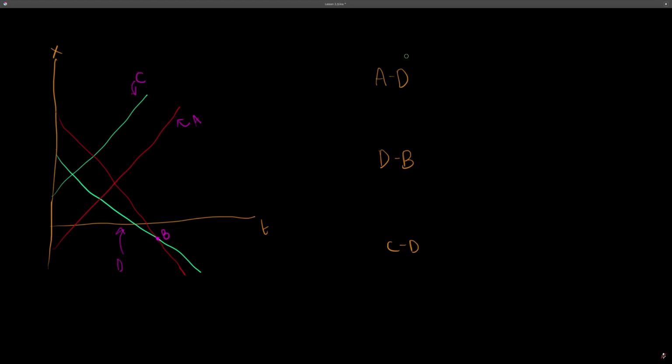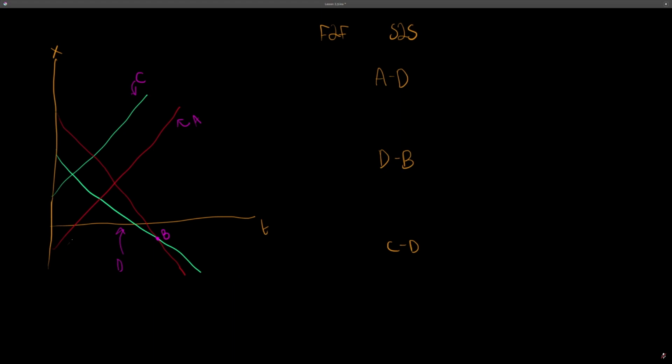We want to find A to D. What is it doing? Is it meeting face to face, or is it side to side? So, side to side in the same direction. So, let's look at A to D. So this is line A, and this is line D right here.